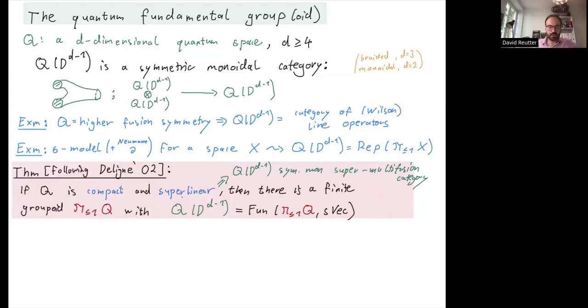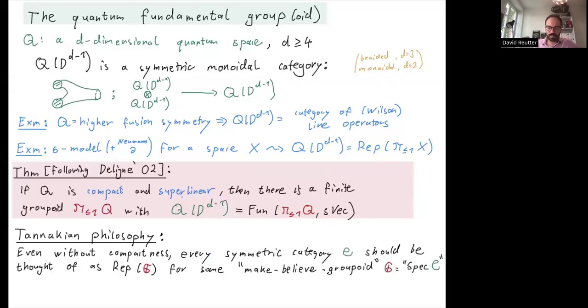If you do care about more general things, let me just make the point that this is essentially the Tannakian, algebraic geometry philosophy. In algebraic geometry, if I have functions on a finite set, that's a commutative algebra from which you can recover the finite set. If you have an arbitrary commutative algebra, you still want to think of it as functions on something. And the something you think of then as an affine algebraic variety.